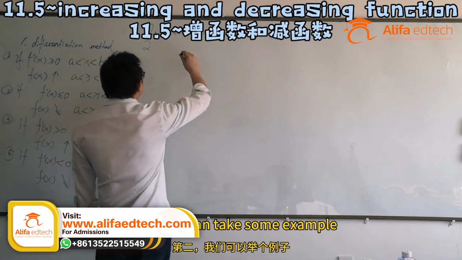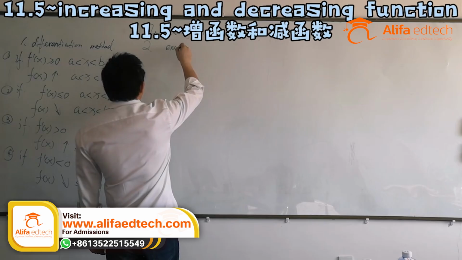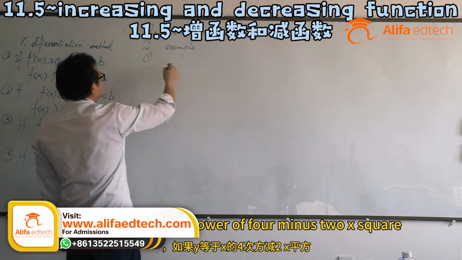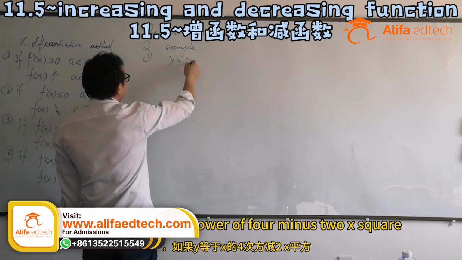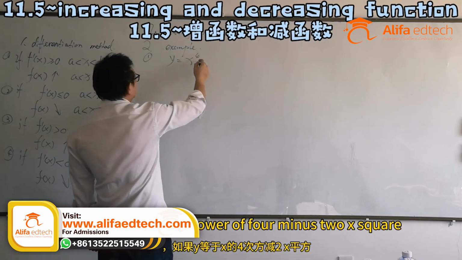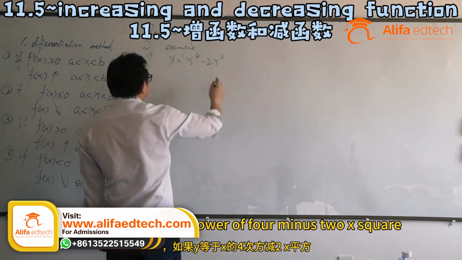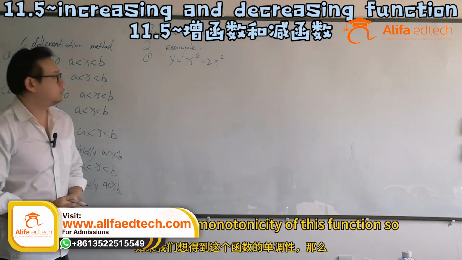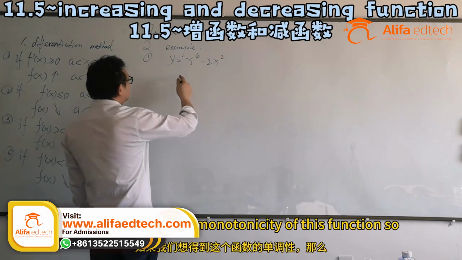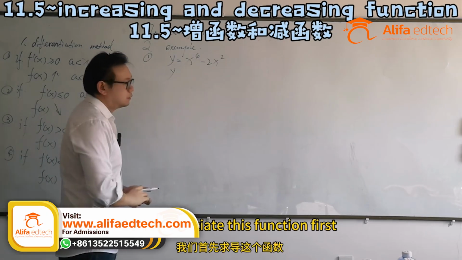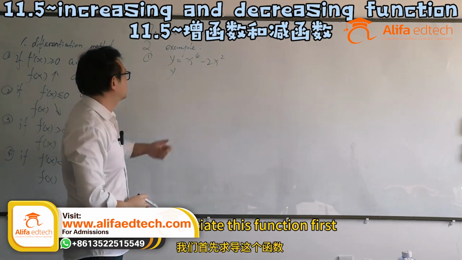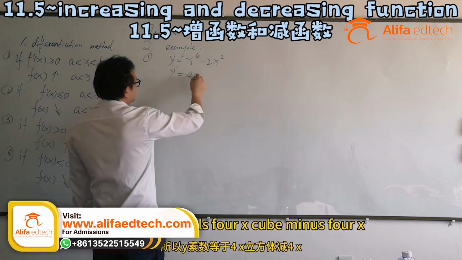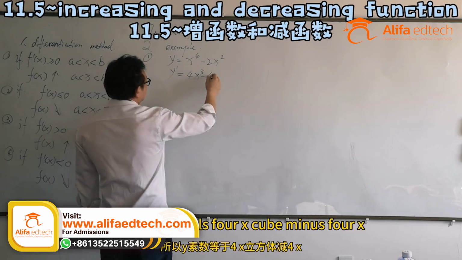So we can take some examples. 1. If y equals x to the power of 4 minus 2x squared, and we want to get the monotonicity of this function, we differentiate this function first. So y prime equals 4x cubed minus 4x.